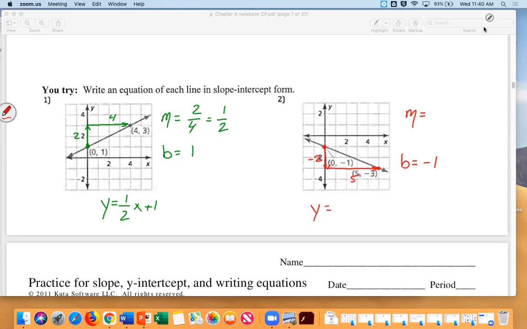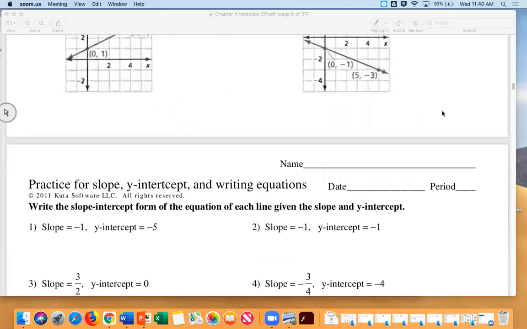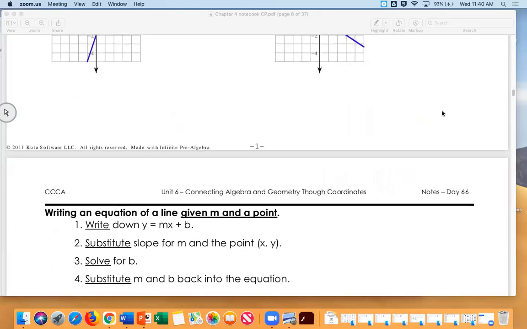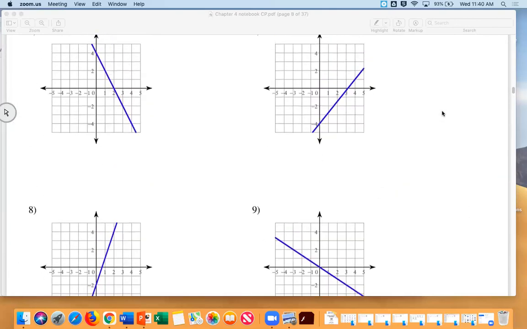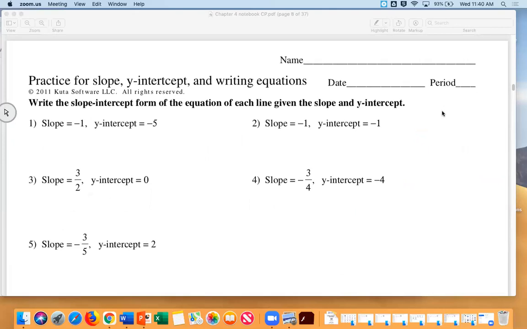So y equals -2/5 x minus 1. We okay with that? You guys okay with that? All right. So we're all done with that.